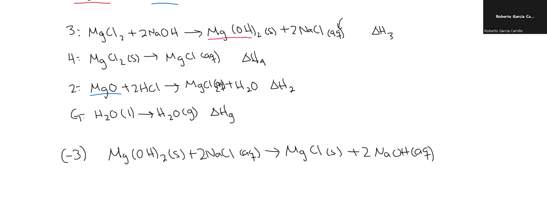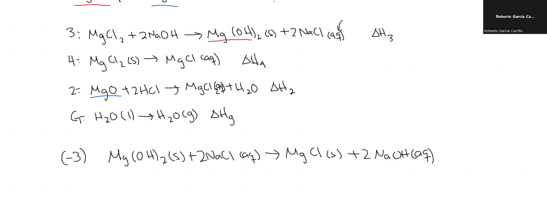And just checking that we are using the correct equation. Yeah. So this means that the enthalpy of this reaction is the negative of the one obtained experimentally from pot number 3.